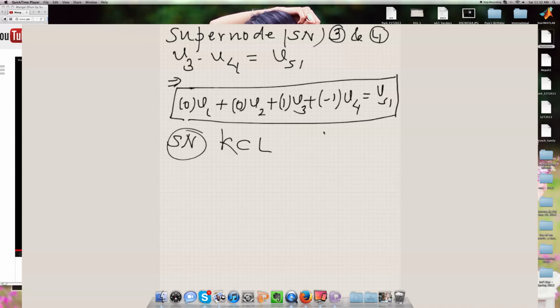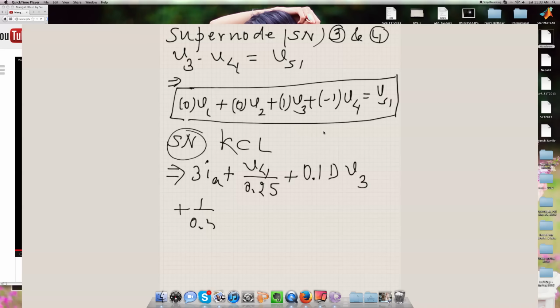So we have current leaving the supernode in an amount of what now? 3IA. 3I sub A plus V sub 4 over 0.2, plus, with a capacitance of 0.1 farad, 0.1 D V3, and with an inductance of 0.5 Henry, we have 1 over (0.5 D minus 1) times (V3 minus V2) equals 0.